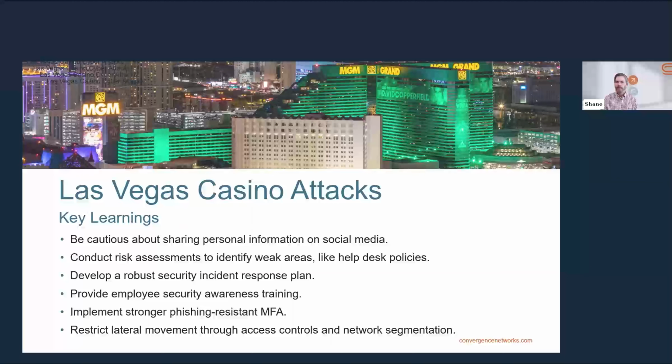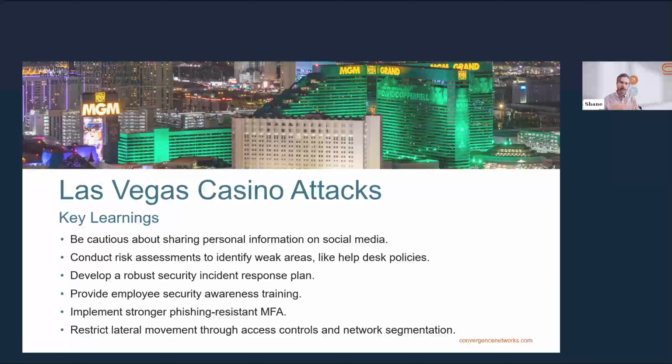So, what can we learn from this? Be careful about what personal information you're sharing on social media platforms. People often unknowingly give away personal information that can help a threat actor answer a security question associated with their account. Social engineering, as we've seen, can overcome poor help desk policies.